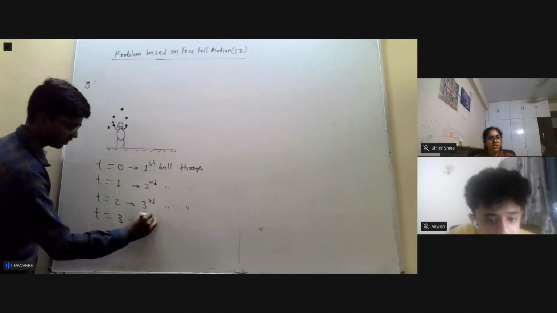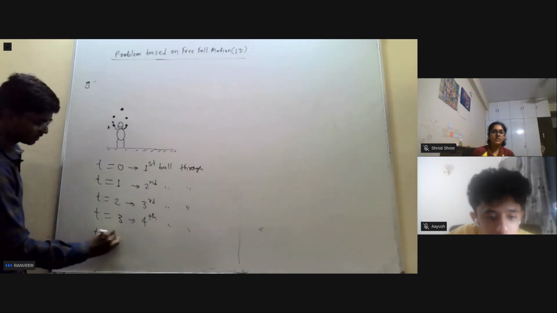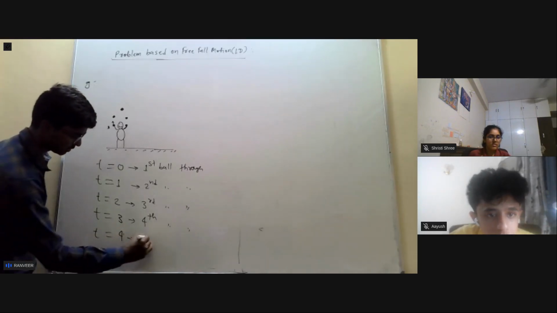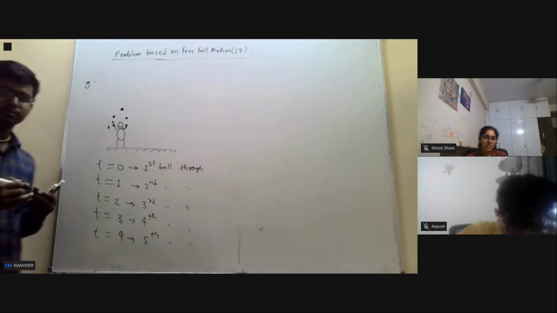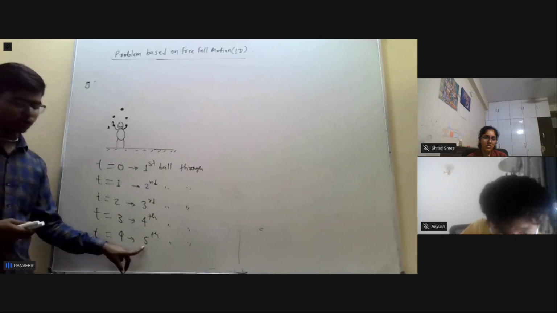T equal to 3, it will throw the fourth ball. T equal to 4, it will throw the fifth ball.